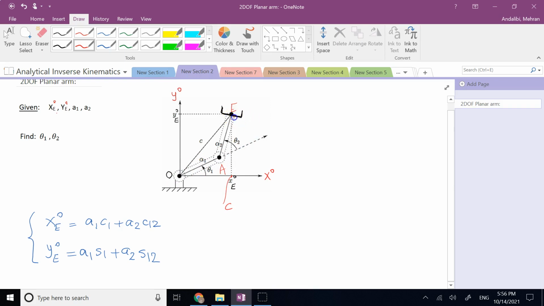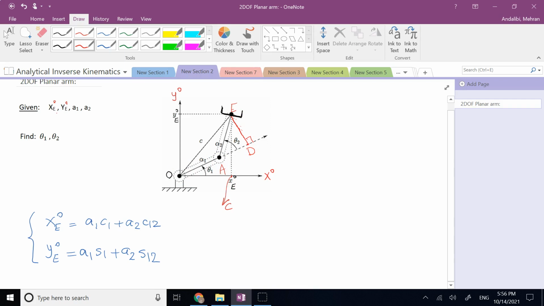So from here, I draw a perpendicular line, and the bottom point of this, I call it D. So I have O, A, E, C, and D.